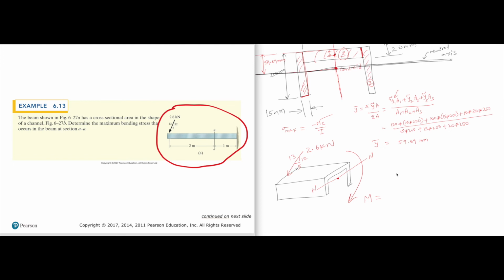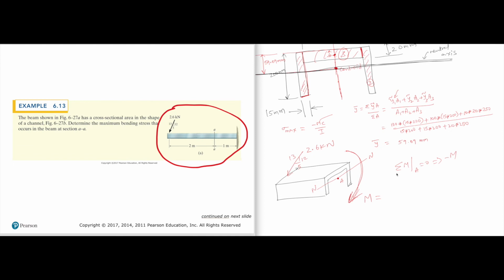Because it's an equilibrium, you say sigma moment with respect to, let's call this point A, with respect to A is equal to 0, implies we assume this moment is clockwise, so I'm going to write negative M. And how about this 2.6 kilonewtons?